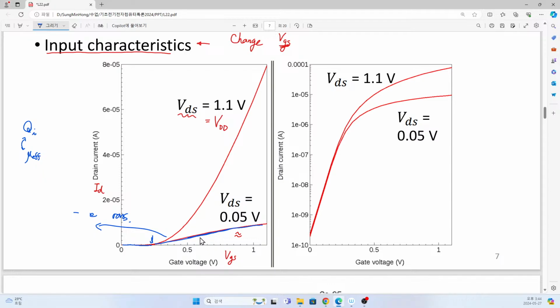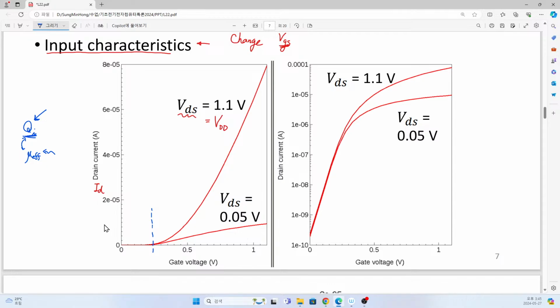Mobility also plays a certain role in this graph, but anyway, the overall shape is determined by this severely varying Qi, and another slight modification is related to this effective mobility.